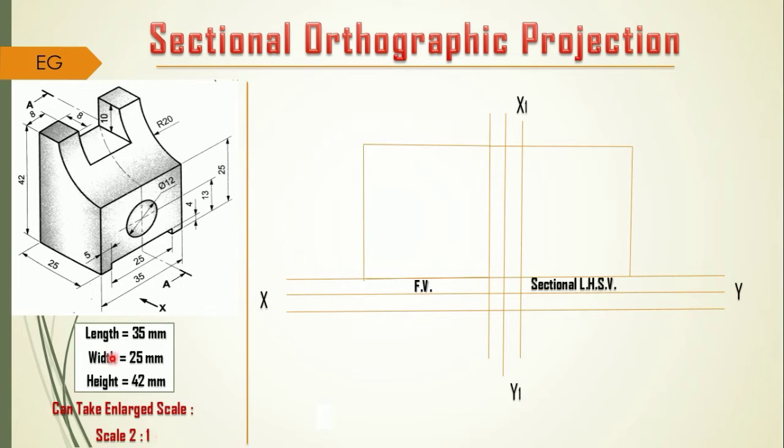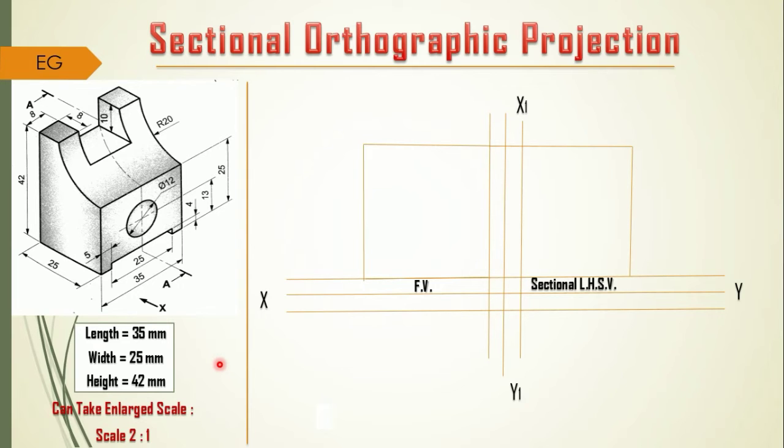Means while constructing a line of 35 mm, you have to consider the length as 70, width as 50, and height as 84. With that enlargement, you may draw it, but you have to mention the scale at the end of your sheet. The scale is 2:1.